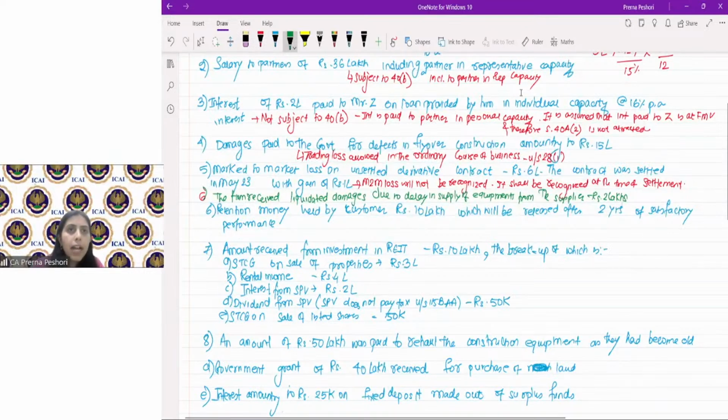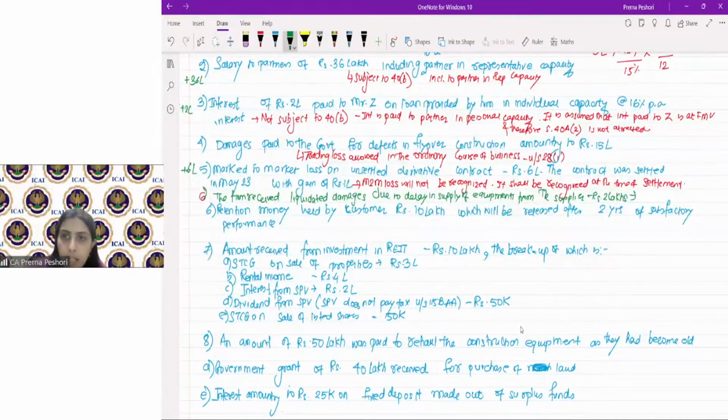So liquidated damages which are received will be considered as a capital receipt, because this is not in the ordinary course of business. The supplier failed to deliver the equipment on time, so this is to compensate for that particular defect. So it is a capital receipt and not a revenue receipt.